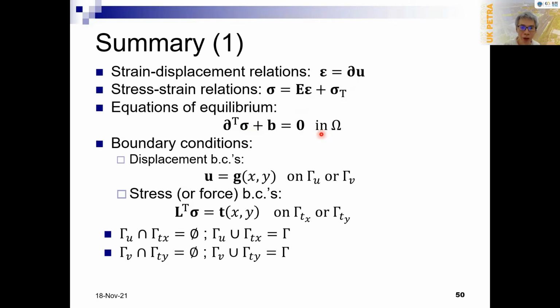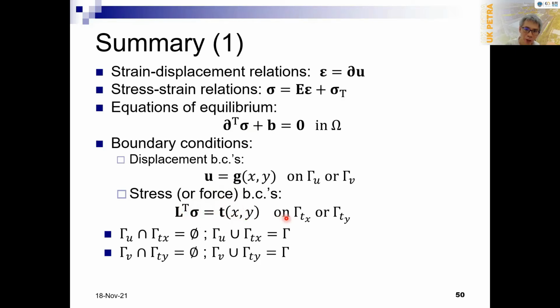On the boundary, we have displacement boundary conditions. We specify the displacement along gamma u or gamma v equal to a function g(x,y). And we may also have stress or force boundary conditions like this. So this is the equilibrium on the boundary.